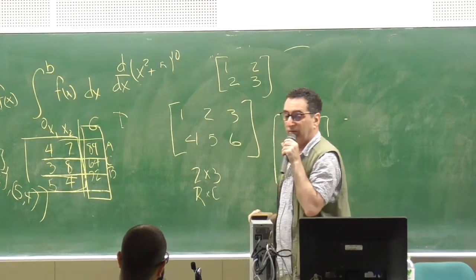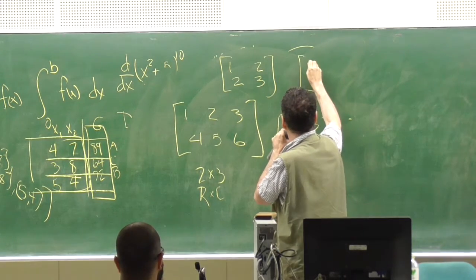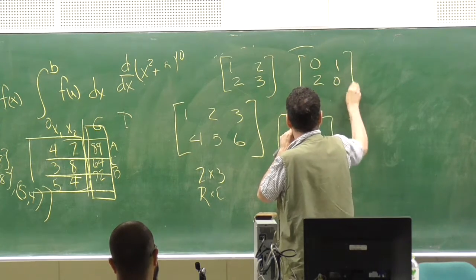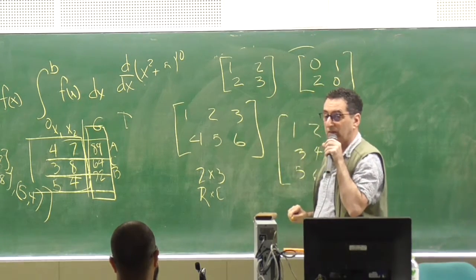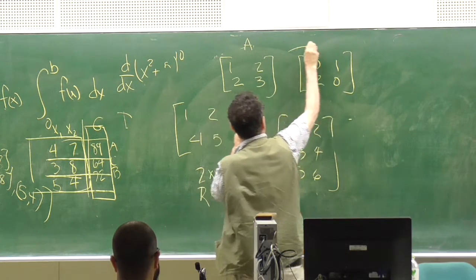How big is that? 2 by 2, right? Suppose we have another 2 by 2: 0, 1, 2, 0. That's also 2 by 2. We can call this one A, and call this one B.